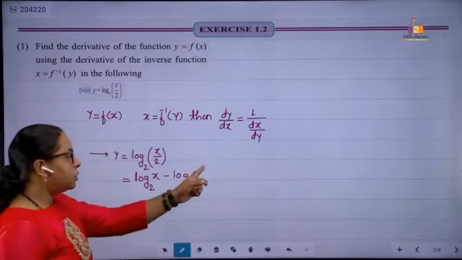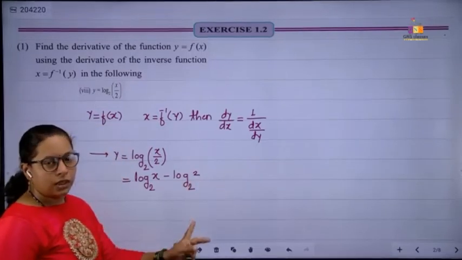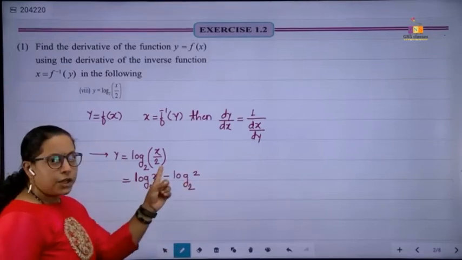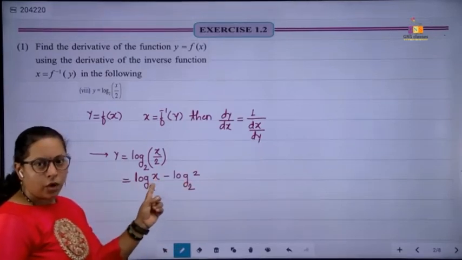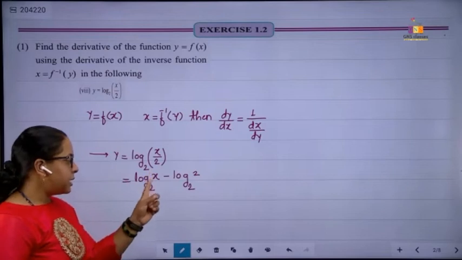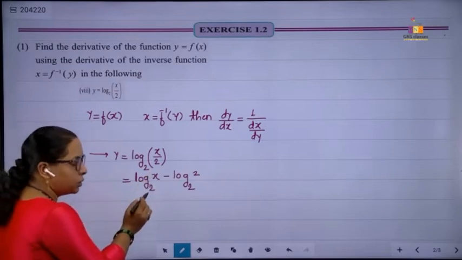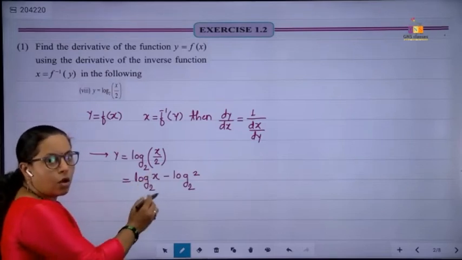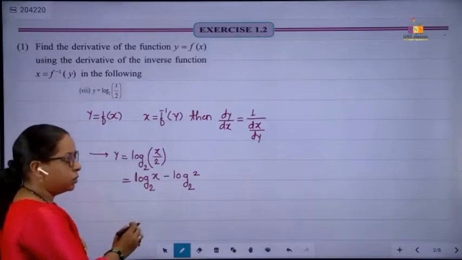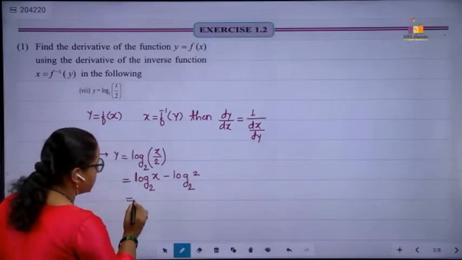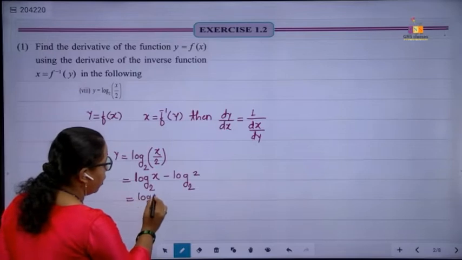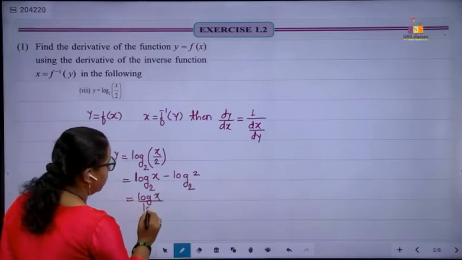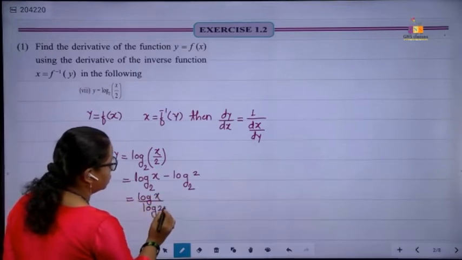But log 2 to the base 2 is equal to 1. And by change of base rule of logarithm, log x to the base 2 is equal to log x upon log 2.